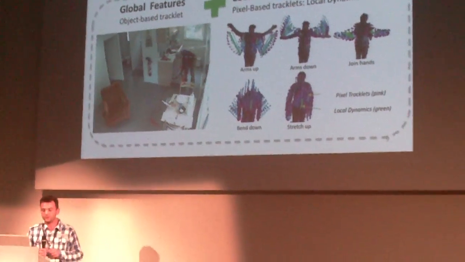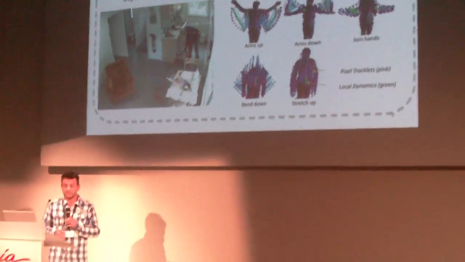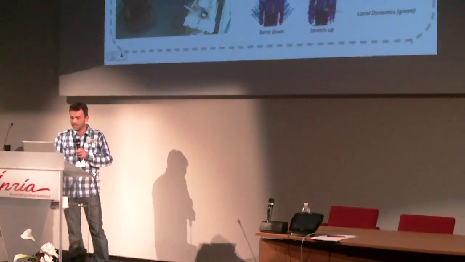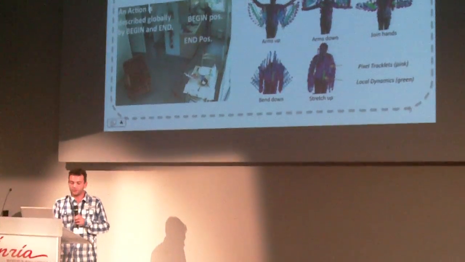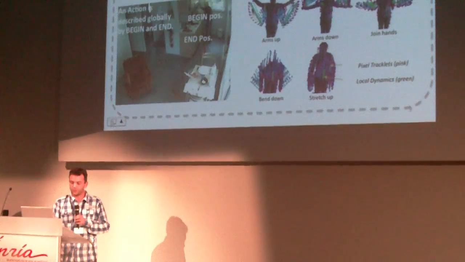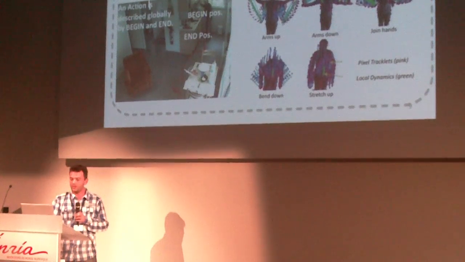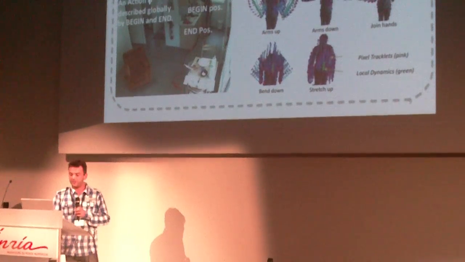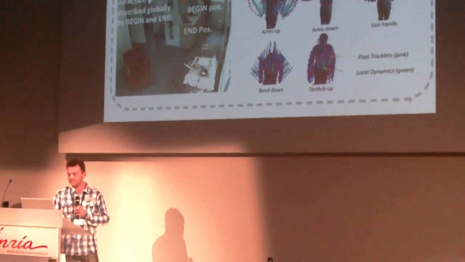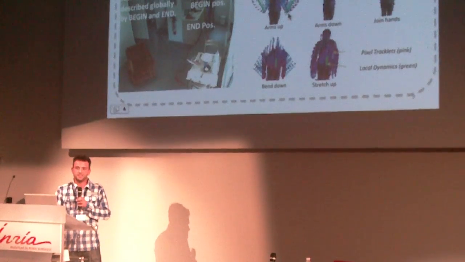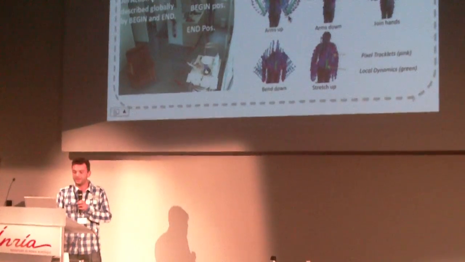So what we will do is track pixels, and after that we will process those pixels, trying to obtain these green lines, these green tracklets, that are describing the main local dynamics of the movements of the person. As you can see in this example, the person is at the same location, but it's very easy to see that the movements are different. So it's describing different actions.